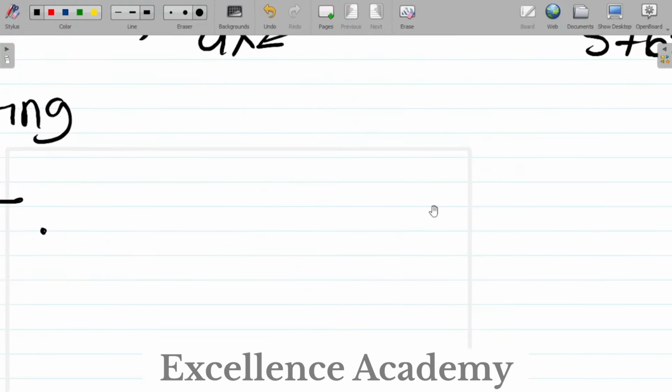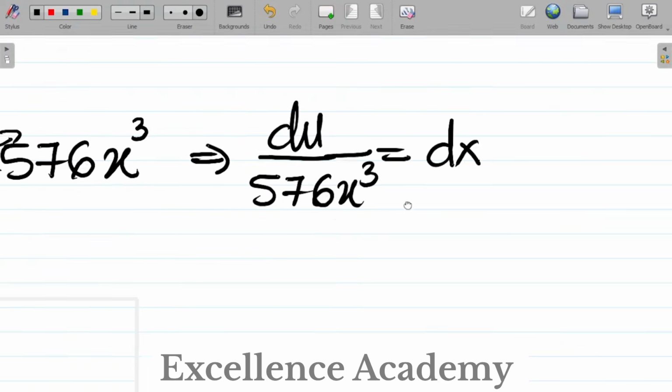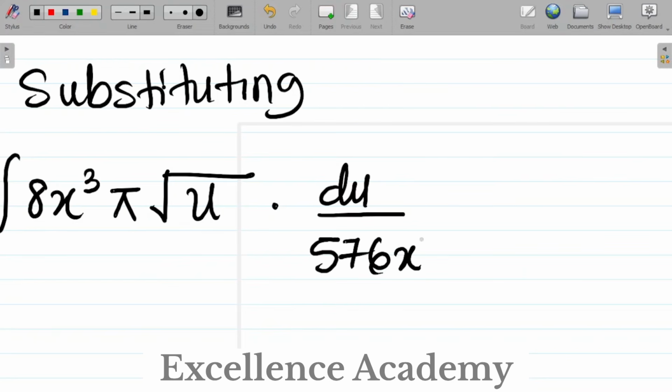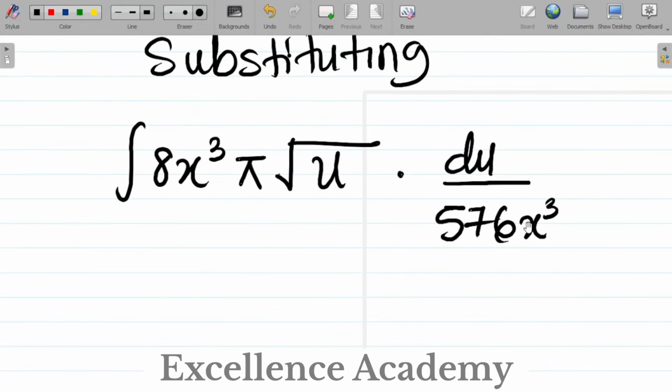What's dx? Let's go back to this part here. dx is du over 576x cubed. From here you can see that x cubed will cancel x cubed.